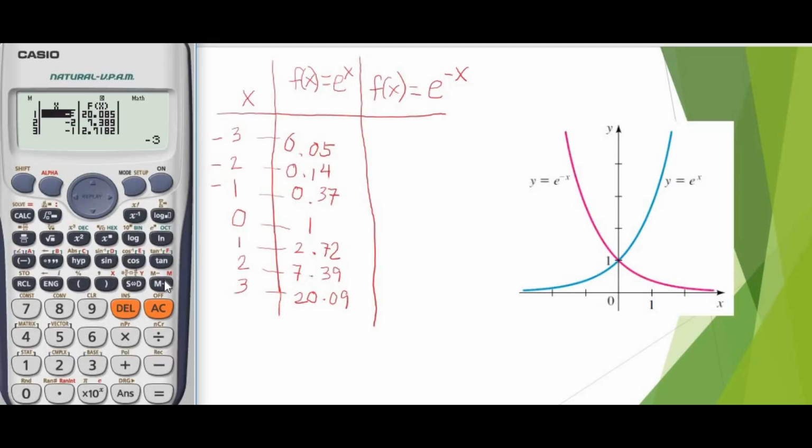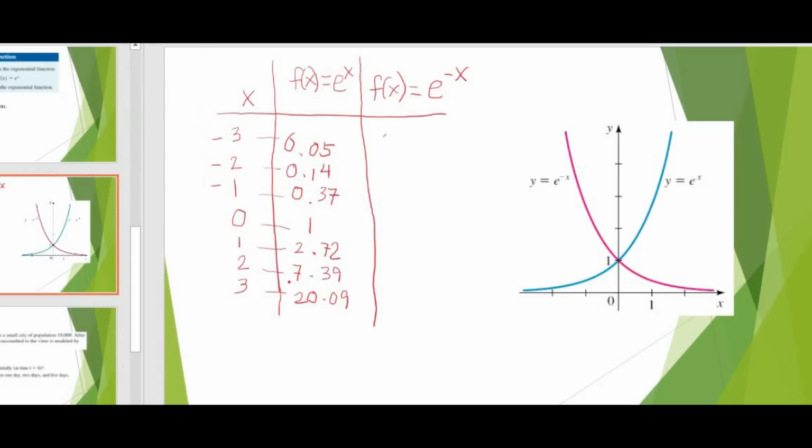So we have these values. We have 20.085 or 20.09, which is simply this value here. So when x equals negative 3, for f of x equals e to the power negative x, the value would be 20.09.